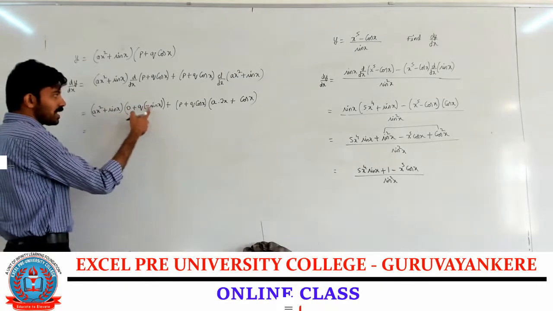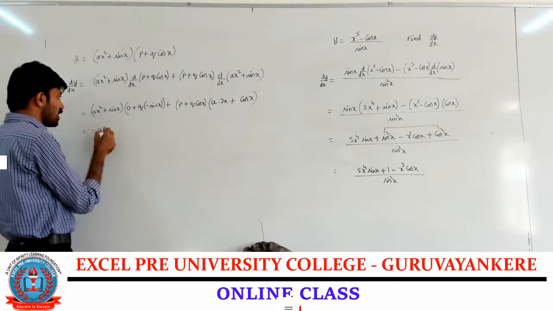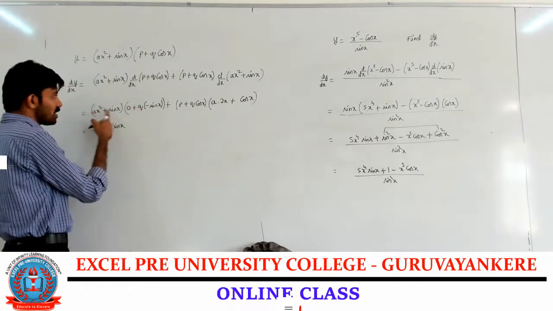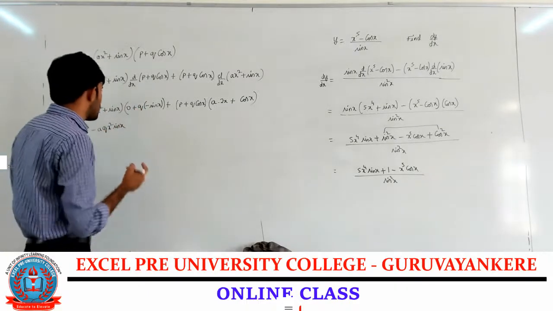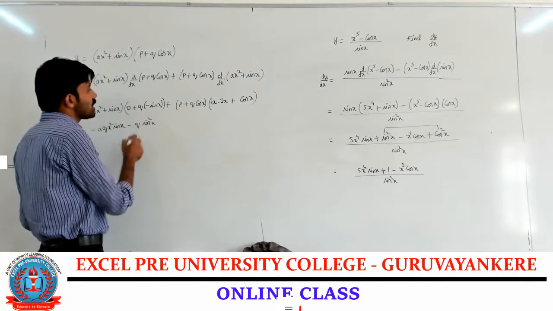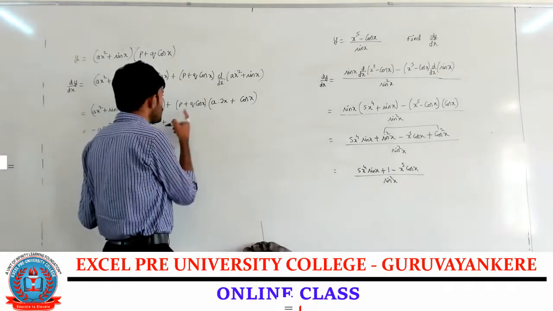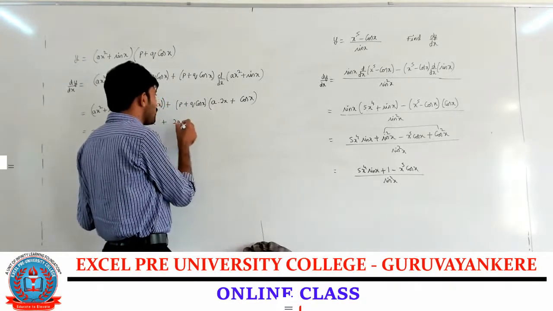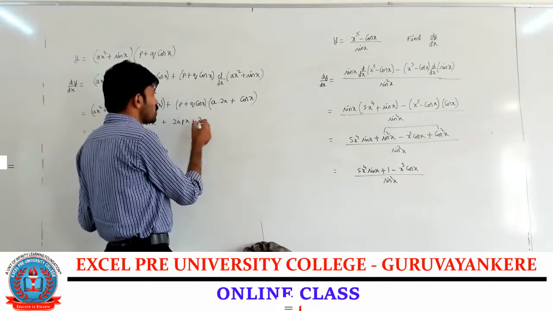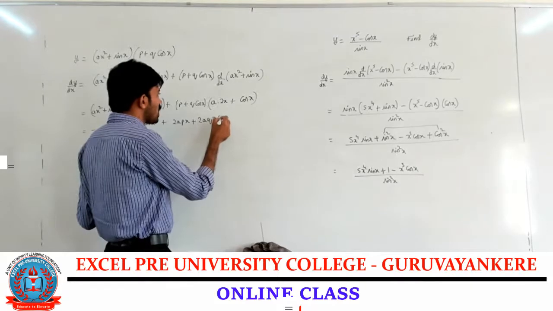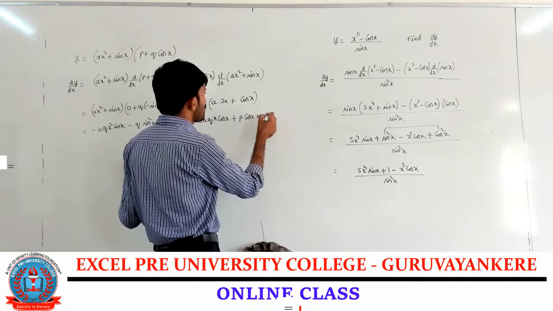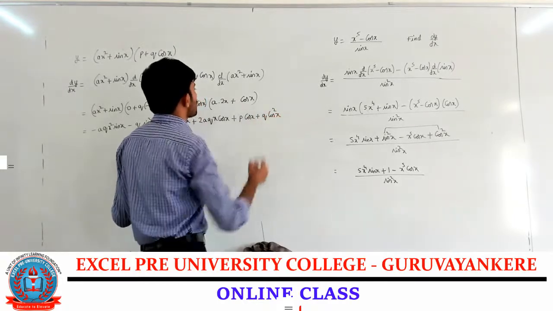Q into minus sin x, minus q sin x, minus a q x square sin x, multiply this minus a q x square sin x, plus into minus minus q into sin square x, 2apx, p into this 2apx plus 2aqx cos x plus p cos x plus q cos square x.